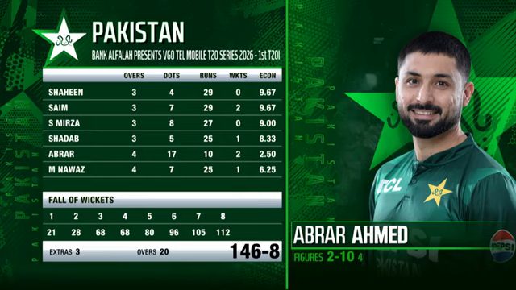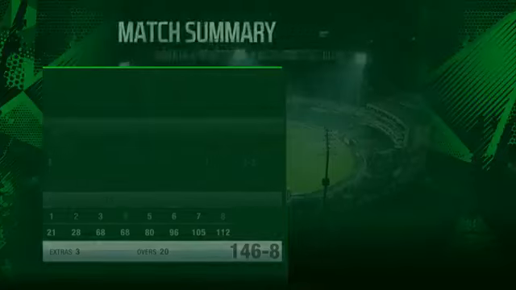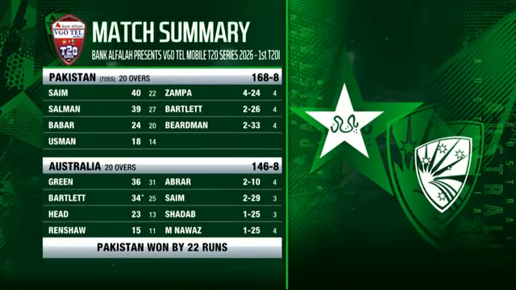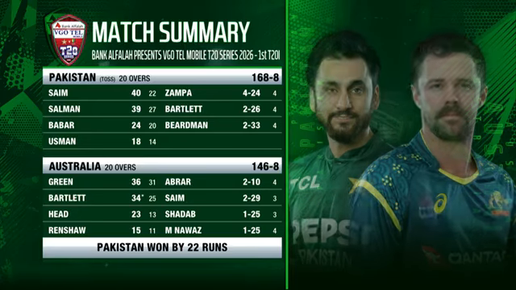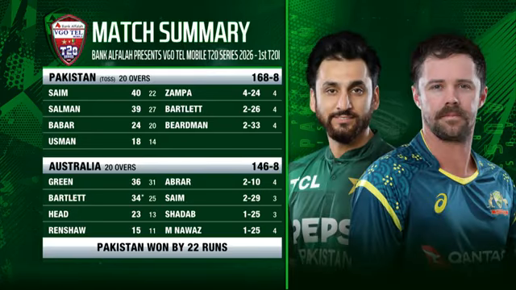It is quite spectacular. 146 for 8, Australia falling short by 22. That's the match summary then. Pakistan 168 for 8, and that total was defended brilliantly by the spinners. Pakistan winning this by 22 runs.